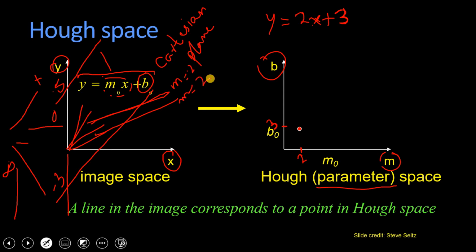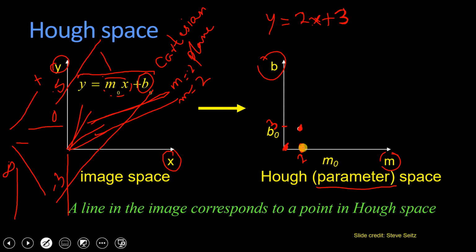So m will be 2, but this line will cut the y-axis at 0. Sorry, m will be 2, b will be 0, intercept will be 0. So the dot will be here.